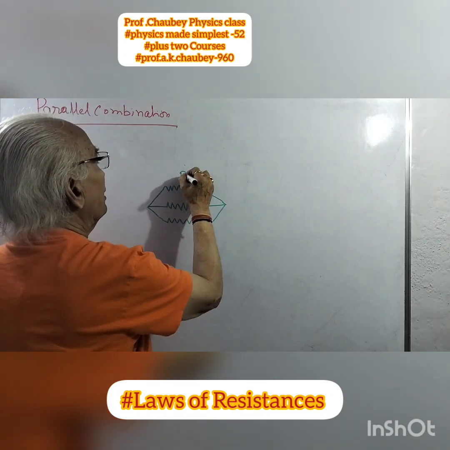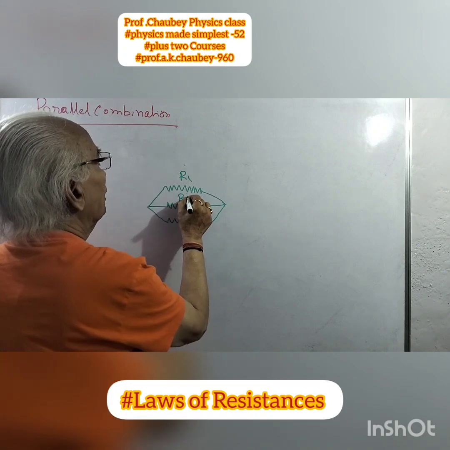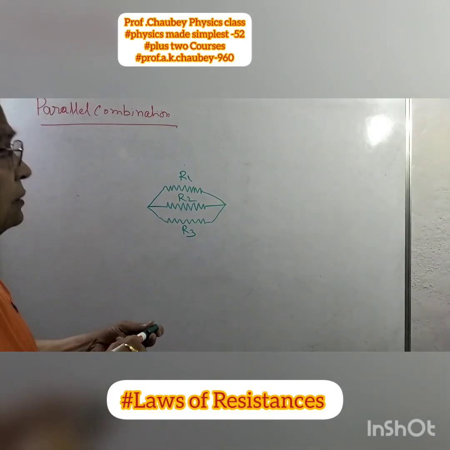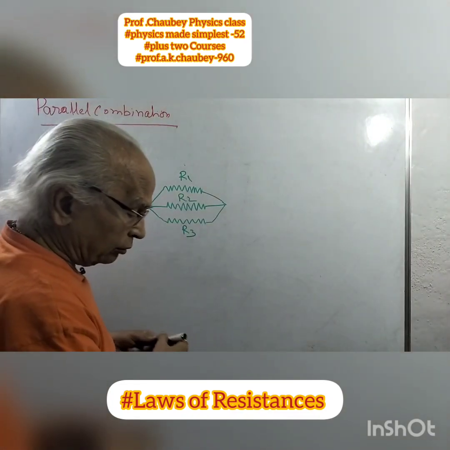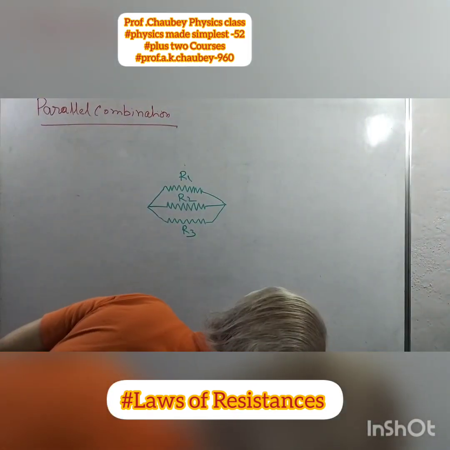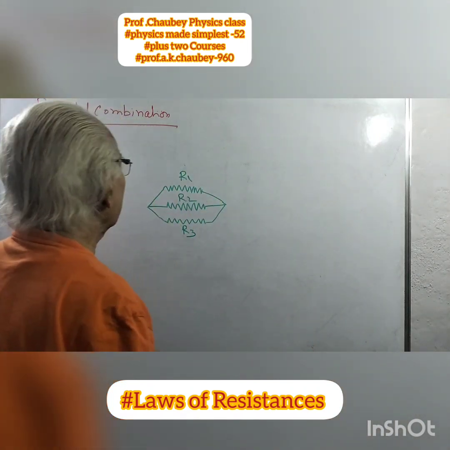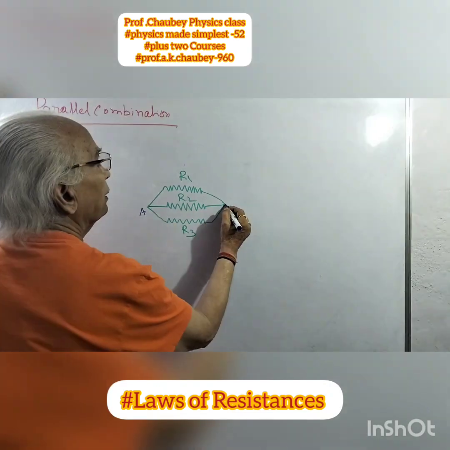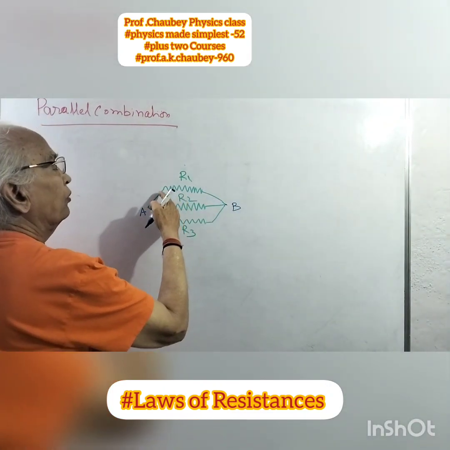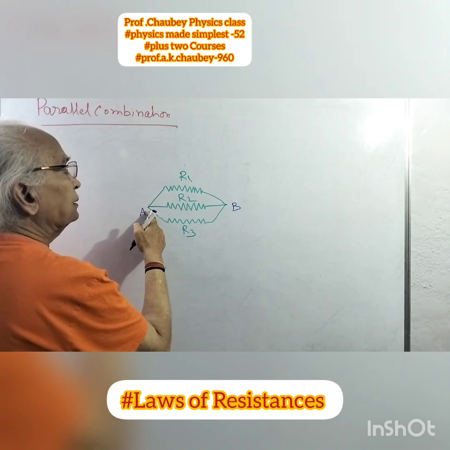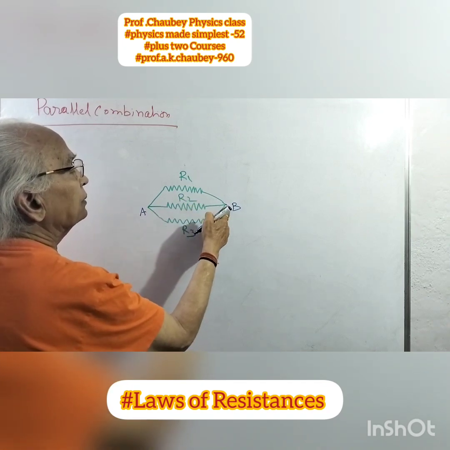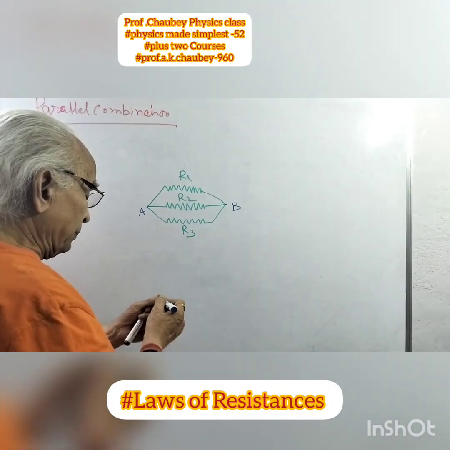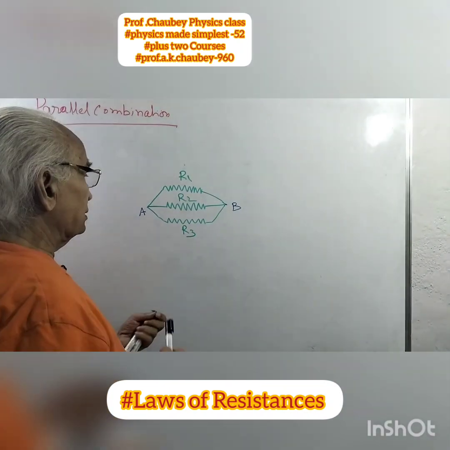So this is R1, this is R2, this is R3. So three resistances shown in this way, where the first ends are connected together here at one end A, and the other ends at B. So one end of all resistances is at A, the other end of the resistances is at B. This is called parallel combination of impedances or parallel combination of resistances.